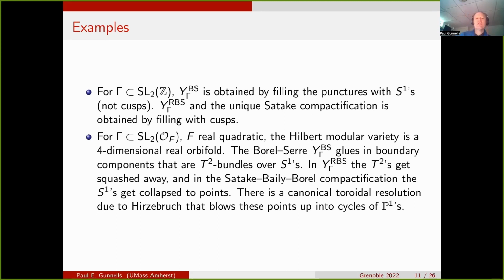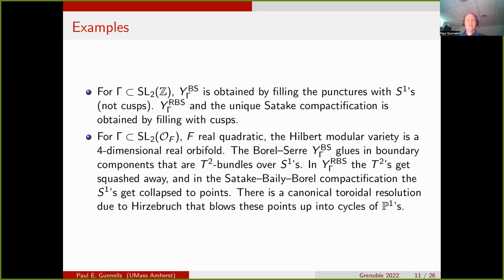So if you glue in a circle there, you're not going to be able to distinguish the points on that circle metrically, because the metric has degenerated there. But if you fill it in with a single point, then that is what makes sense metrically. And in this case, this thing actually ends up being topologically a manifold, so it's not singular. So we don't have this problem that we have in general with the Baily-Borel or Satake compactification.